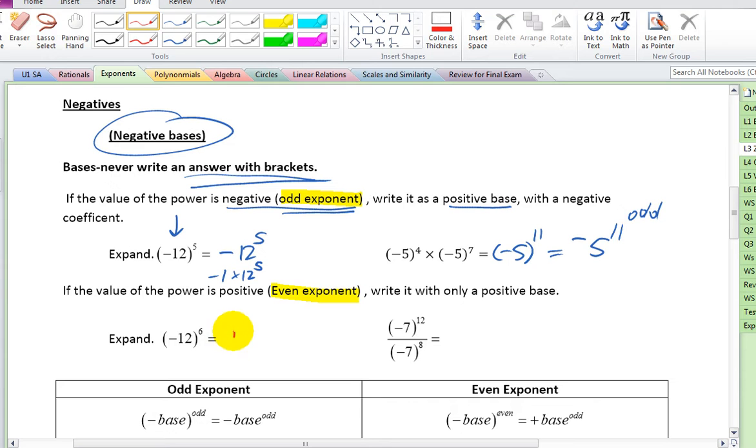Here, we write it as 12 exponent 6 because it's going to be a positive final answer because it's an even exponent. Here, the first step is to give us a -7. Exponent is 4. And so then, because we have an even exponent, it's positive.